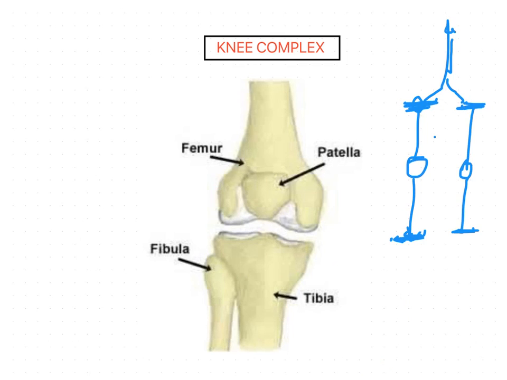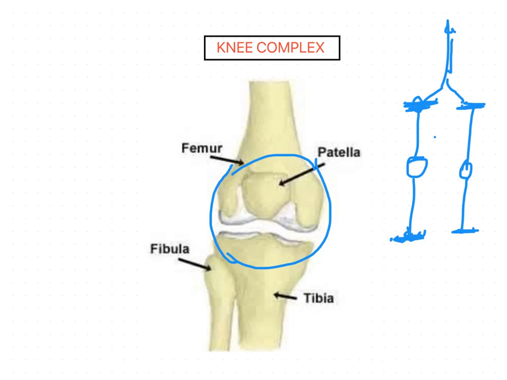Inside each diarthrodial joint there is a joint capsule, and inside the joint capsule there are two distinct articulations.